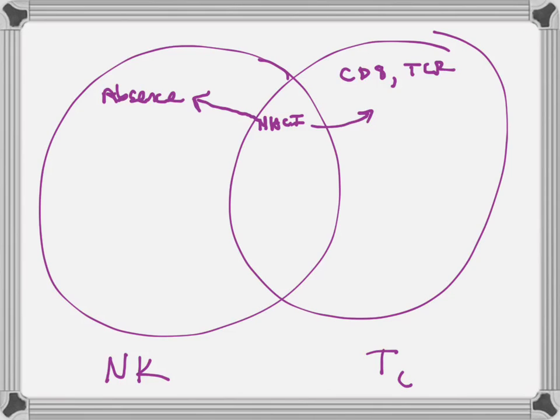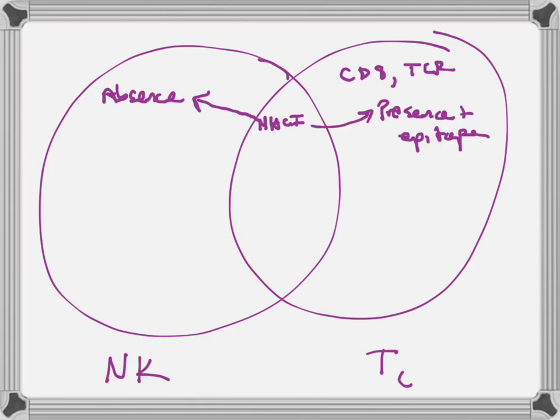Whereas the T cells are looking for the presence of an epitope loaded in that MHC1. One thing we should point out is that those TC cells are only going to respond to cells that have MHC1 with the specific epitope that those TC cells are able to identify. NK cells, it's basically any cell that doesn't have an MHC1, it's going to go ahead and kill.